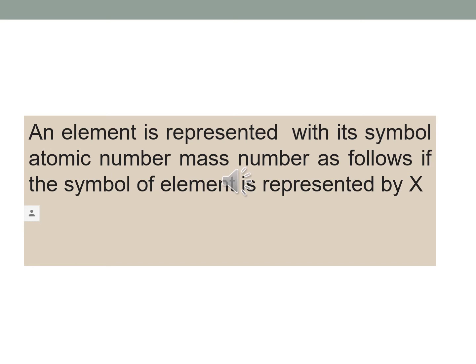An element is represented with its symbol, atomic number and mass number as follows. If the symbol of the element is represented by X, then the mass number is written as a superscript.